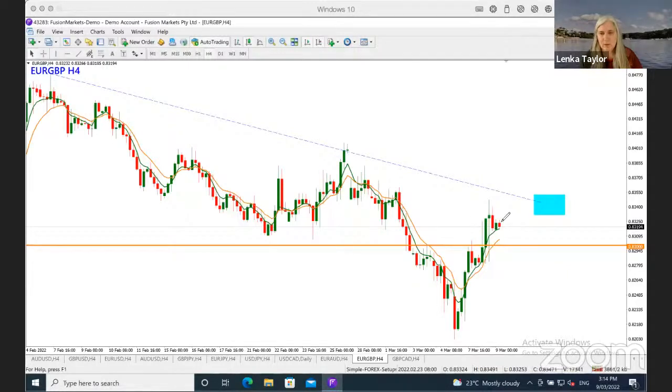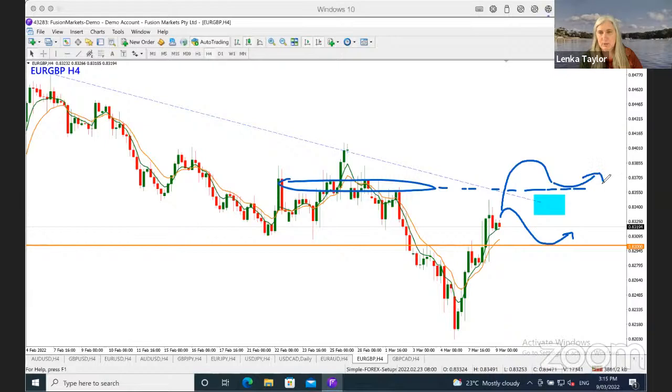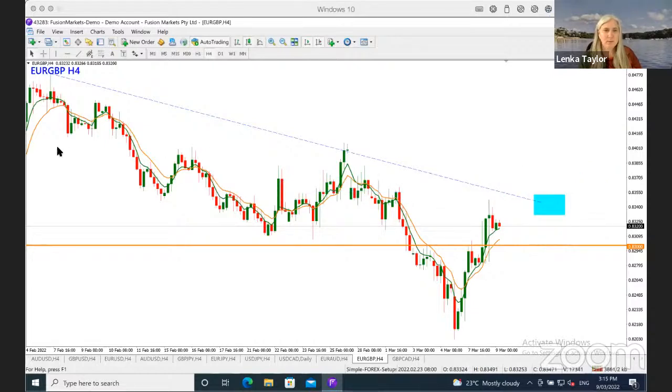Otherwise, I'm looking for some kind of bounce around that area for a long, ideally going above those highs there, and then looking at a reversal to go long after that. So perhaps staying out of this one at the moment, as there is no clear direction or price action for me.